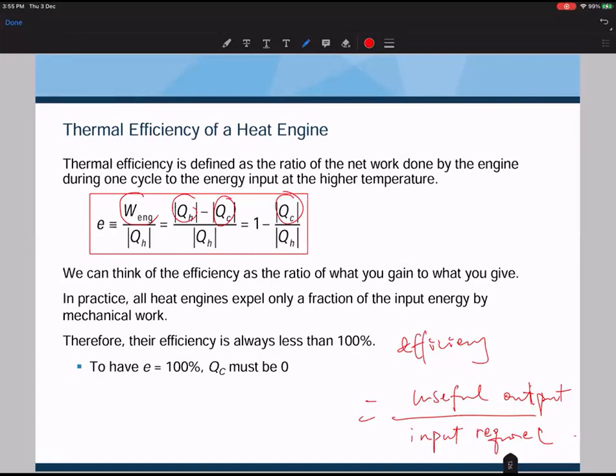One thing you have to be careful about in this equation is the sign. Now, QH refers to the heat energy input into the engine. Q is positive when heat enters the system. So heat enters the engine, then Q is positive. This means QH should be positive.